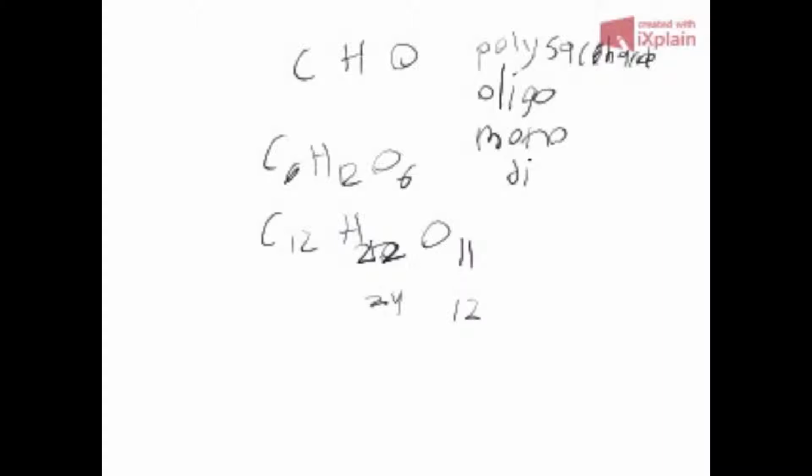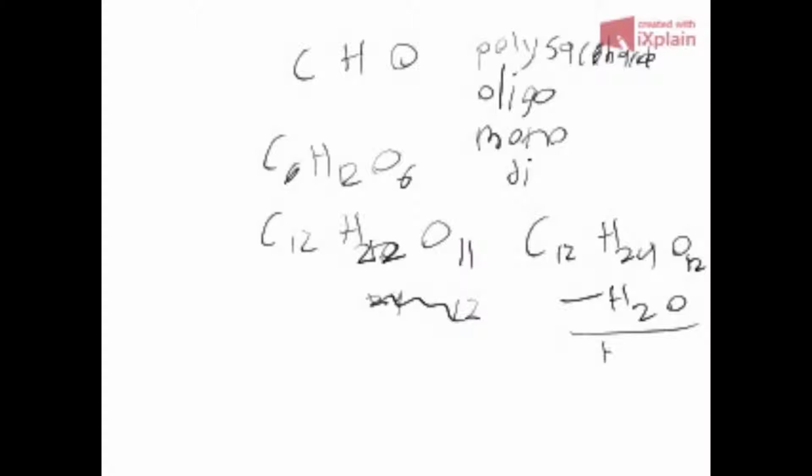This is called dehydration synthesis, to bring together two monosaccharides, which means that basically you extract one water molecule from the monosaccharides and add them up. So this formula is C12H24O12 minus H2O, which makes the H22 and O11 that you see. And that's the result of dehydration synthesis.